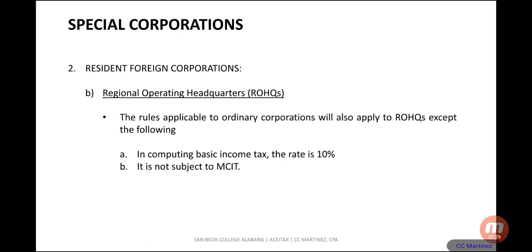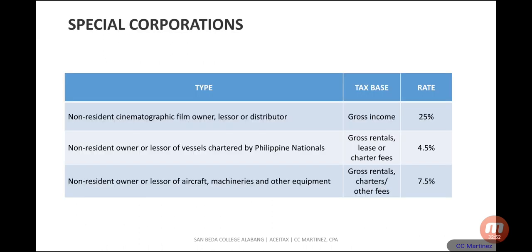So, kung merong international companies na merong branch or regional office dito sa Philippines, yan yung nag-a-apply na tax rate. 10%. So, hindi siya 30, hindi siya 2, hindi siya 15. Tax rate is 10%. For the non-resident foreign corp, yan naman yung nag-a-apply na tax rate. Okay. So, sobrang dami lang na rates.